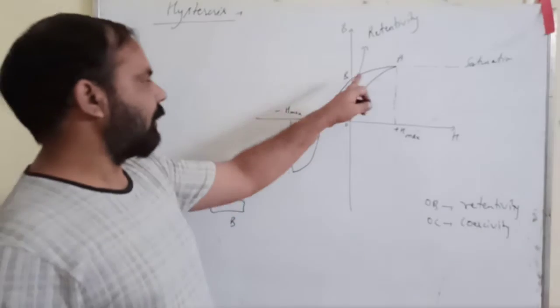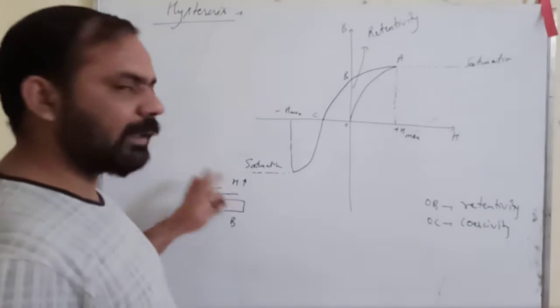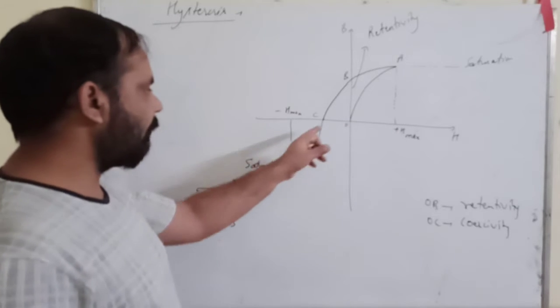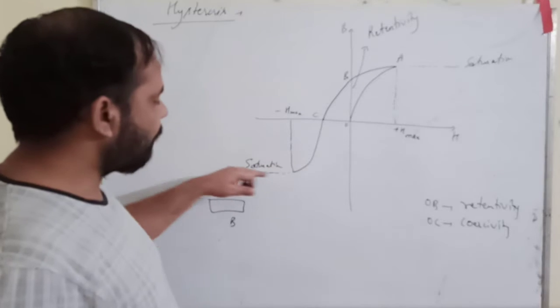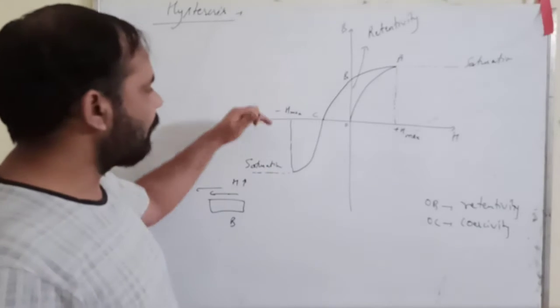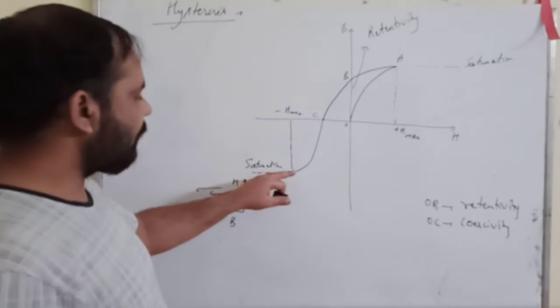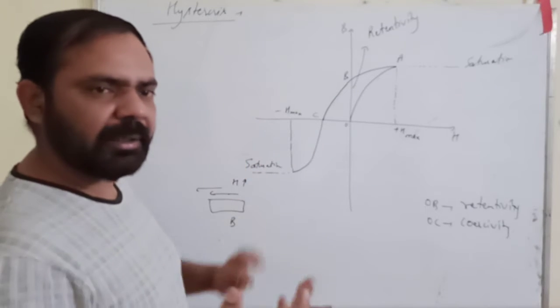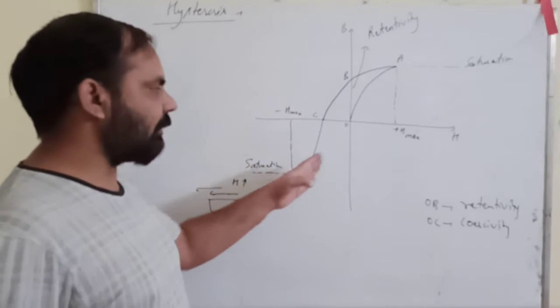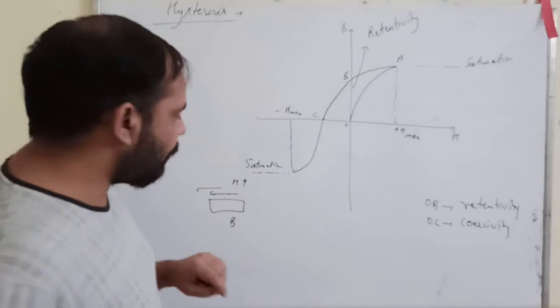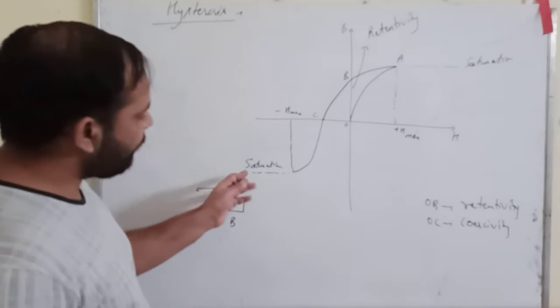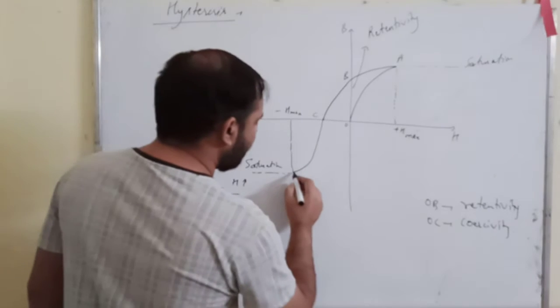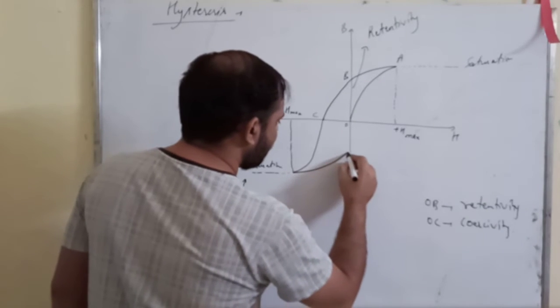When we further go on increasing the value of H in the opposite direction, we get a graph of this type till saturation is achieved, and after that the graph will become parallel to the H axis again. Means after that whatever you do with the value of H, it is not going to change the value of B. Now again we start decreasing the value of H, and the graph comes this way.